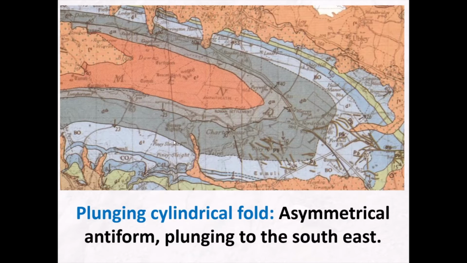So what we can say about this fold is that it's asymmetric. One of the limbs is much steeper than the other. It's an antiform because one limb is dipping away from the other, so it must be up-arching. And because it's an antiform with exposures that close to the southeast, then that fold hinge must be tilted, it must be plunging towards the southeast.